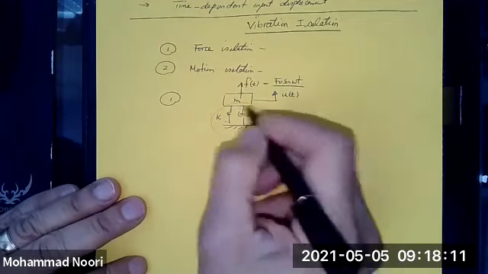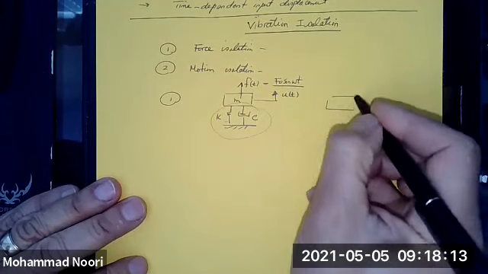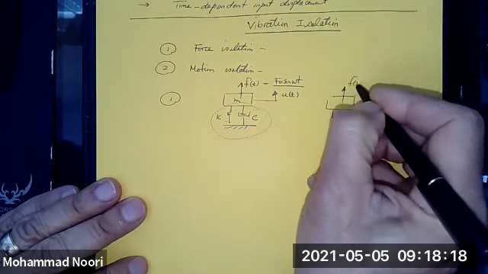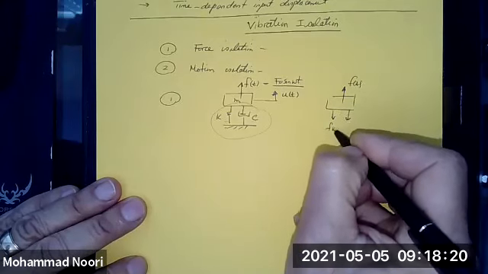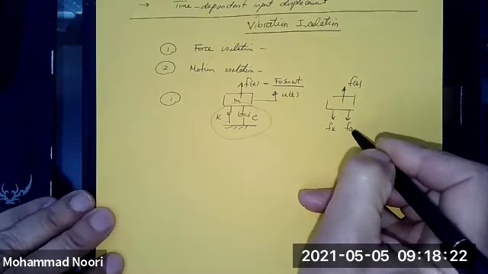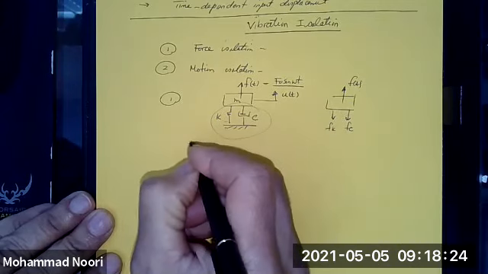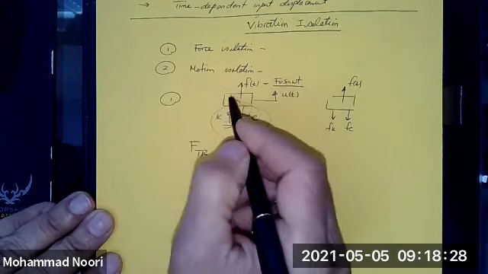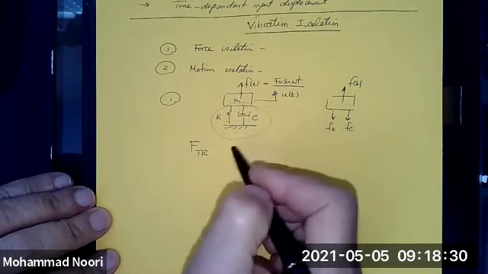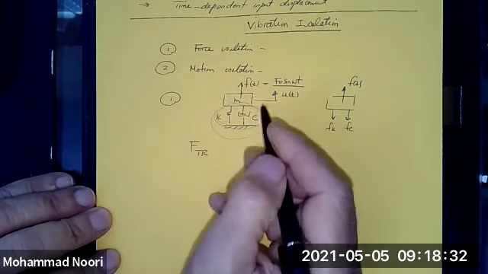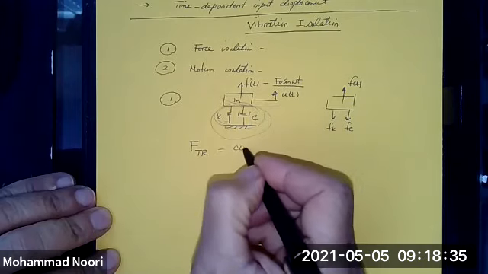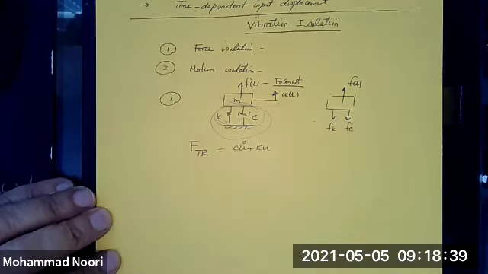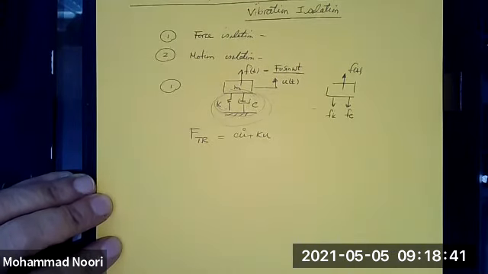But what is that force? If you look at the free body diagram, what is that force? It is F of K and F of C. So the force that is transmitted as a result of this applied load to the foundation is the total force of these two support components.